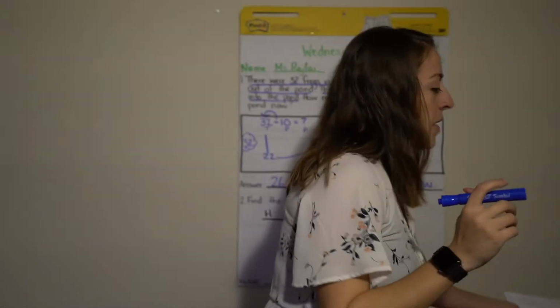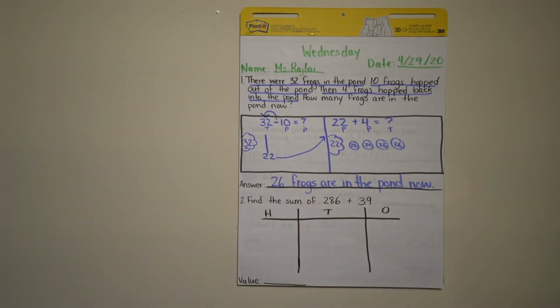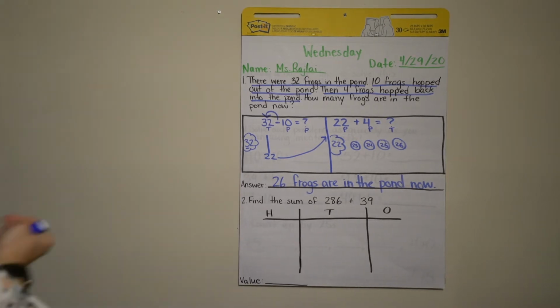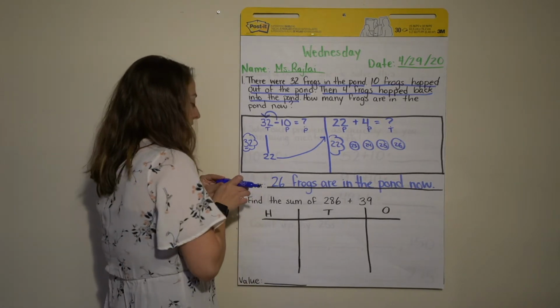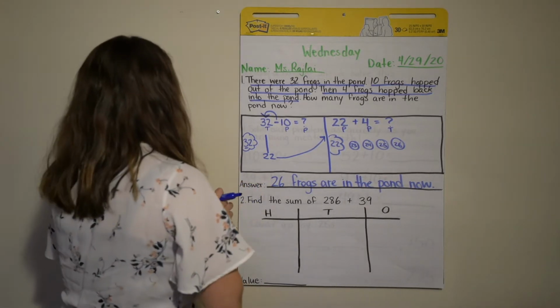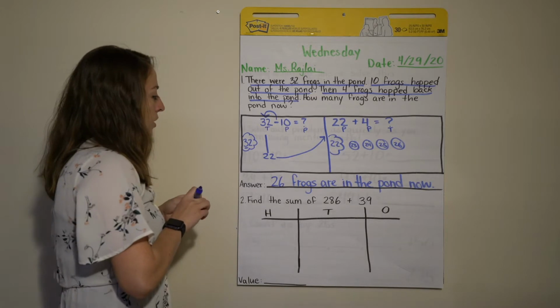All right. Actually going to grab a new marker because this one seems like it's running out a little bit. Okay. It says find the sum of 286 plus 39.